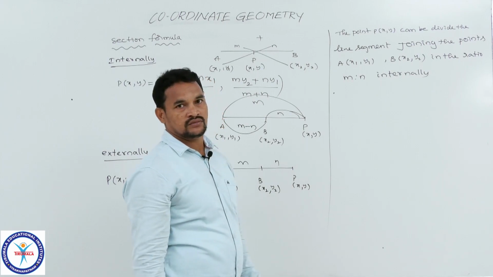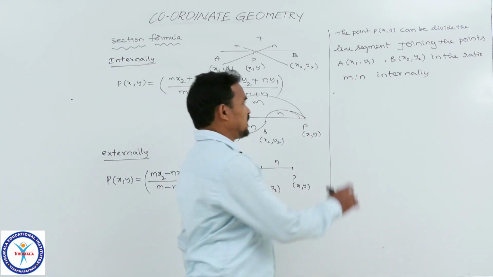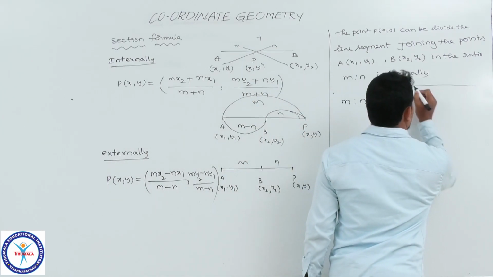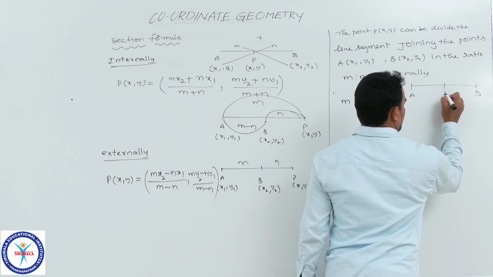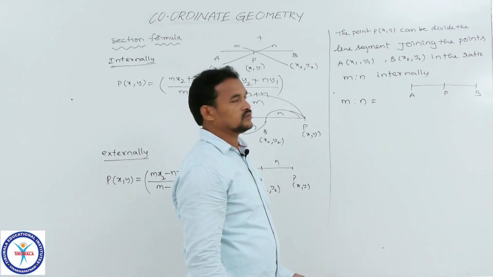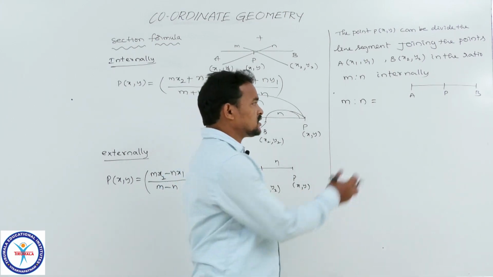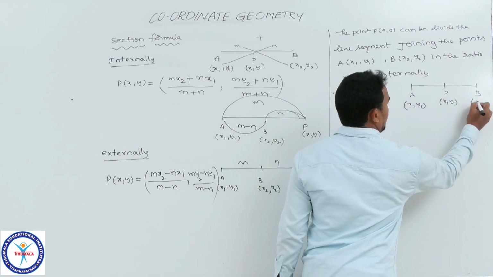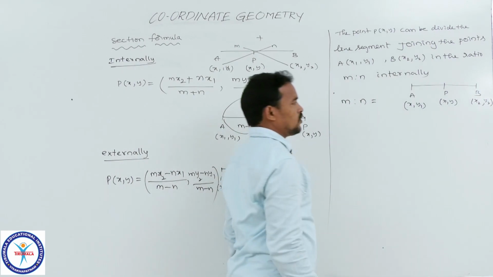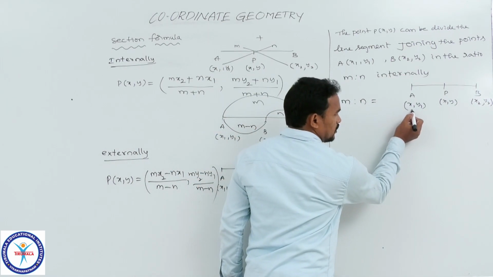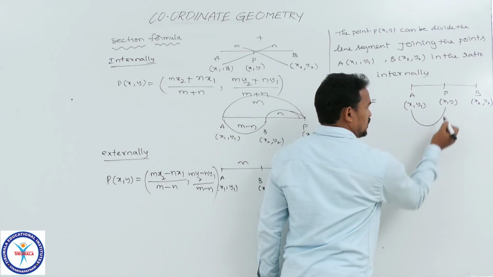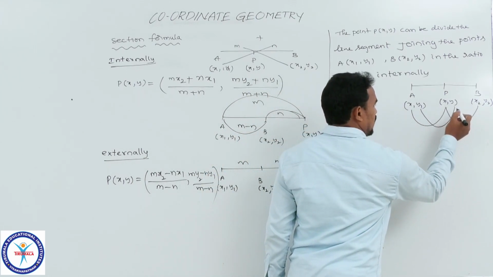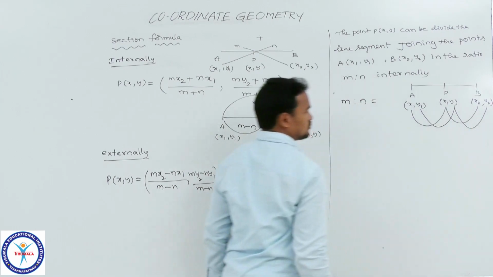Sometimes we want the ratio, that means here m is to n. That ratio m is to n, how to find it? P divides AB, it is A, it is B. P divides AB internally. In which ratio? That ratio we want here. Simply, see, it is x1 comma y1, it is x comma y, it is x2 comma y2. For the ratio, take x1 minus x is to x minus x2, or y1 minus y is to y minus y2.